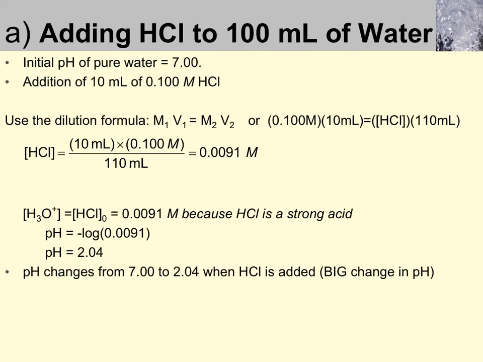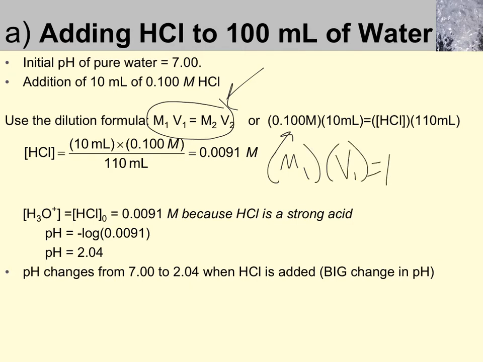Right, if you remember the dilution formula and you have recognized the problem as a dilution, this is an easier way to do it. So the original molarity, M1, times the volume used of that original molarity, which is 10 milliliters, equals the new molarity of the diluted one, which is what we're solving for, times the total volume of the new solution, which is 110.